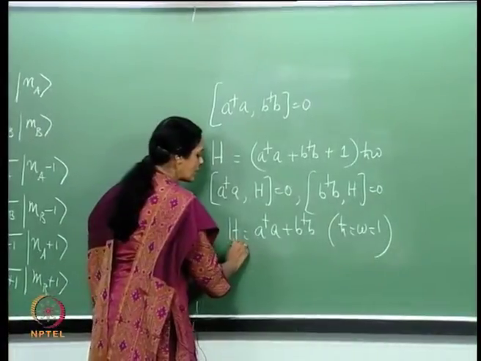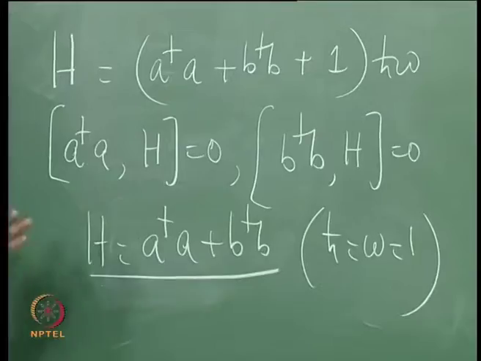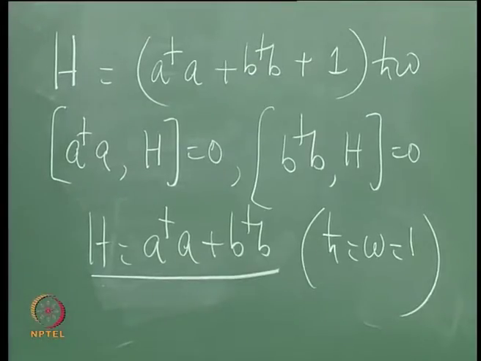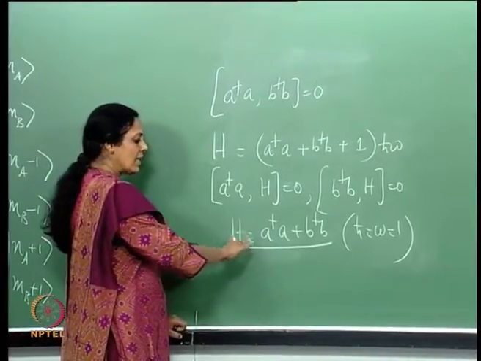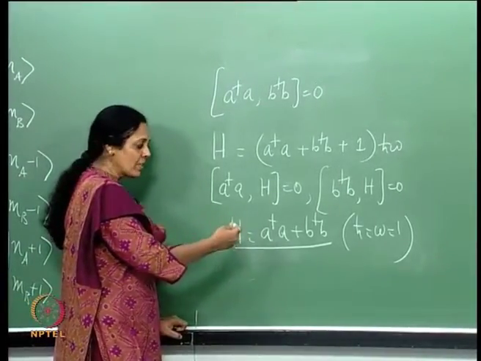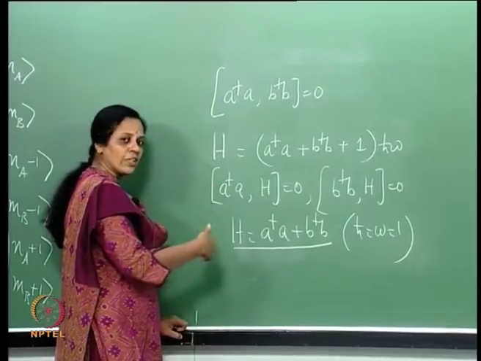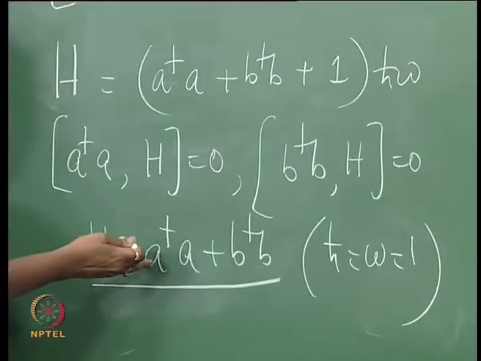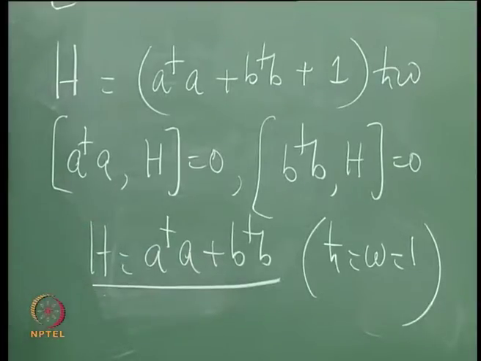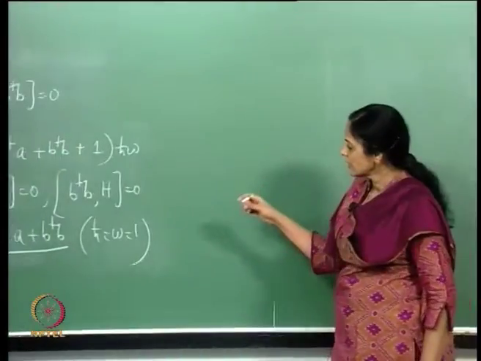So, I will now consider this Hamiltonian A dagger A plus B dagger B and find out the energy eigenvalues and the corresponding eigenstates, and of course, A dagger A and B dagger B, which I already know.